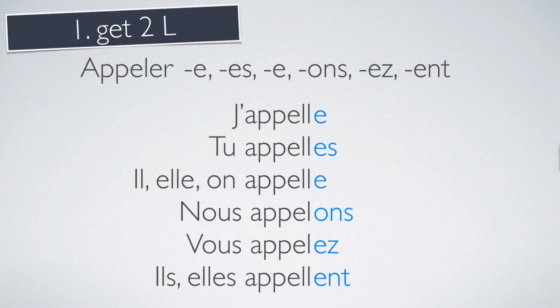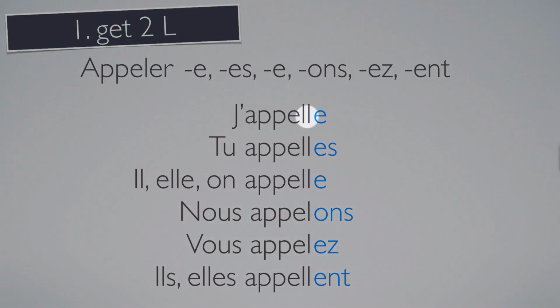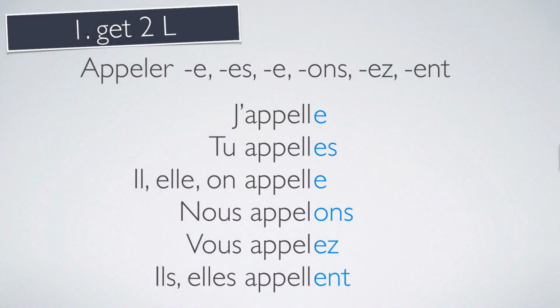Here our two Ls change the sound of the letter E. Instead of the sound "eu", it becomes "è". That's why we say j'appelle, tu appelles, or t'appelles, with the contraction. Il appelle, elle appelle, on appelle.